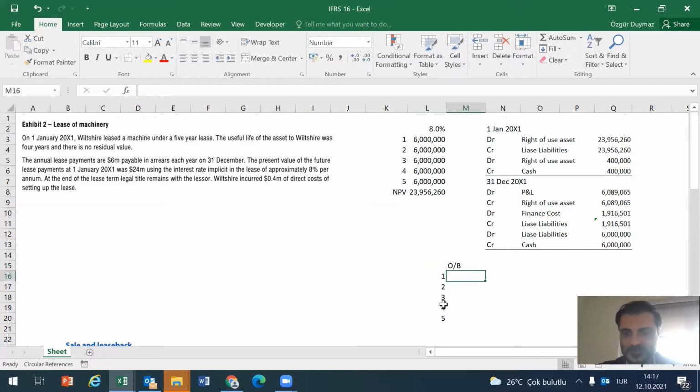Opening balance was the net present value. This is finance cost, 8%, and payments from liabilities and closing balance.